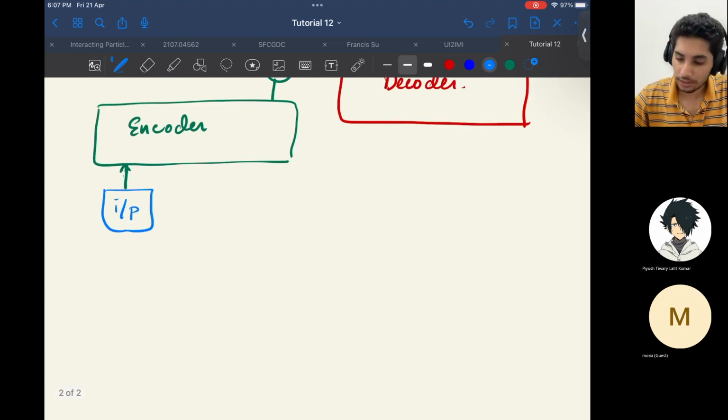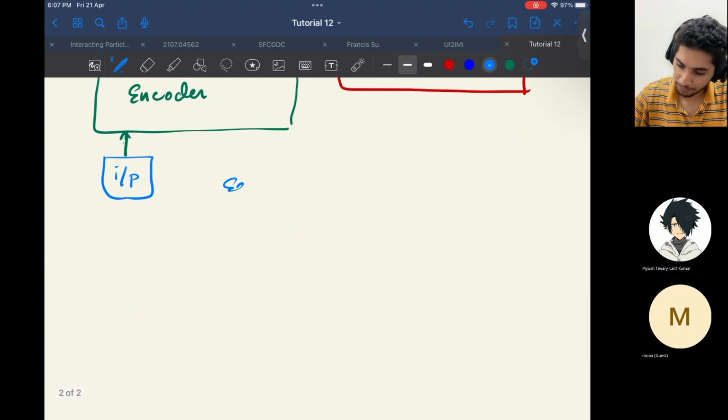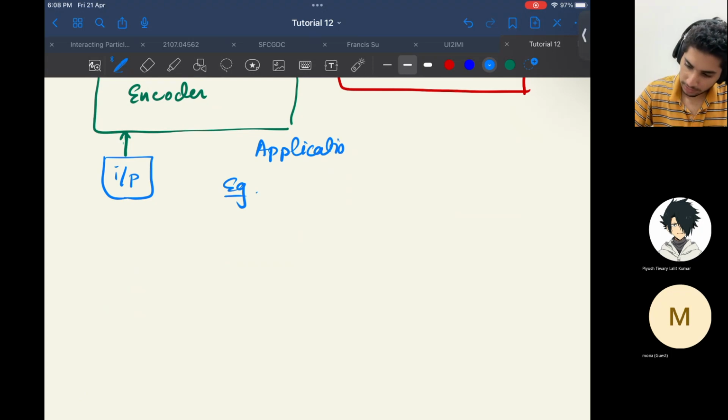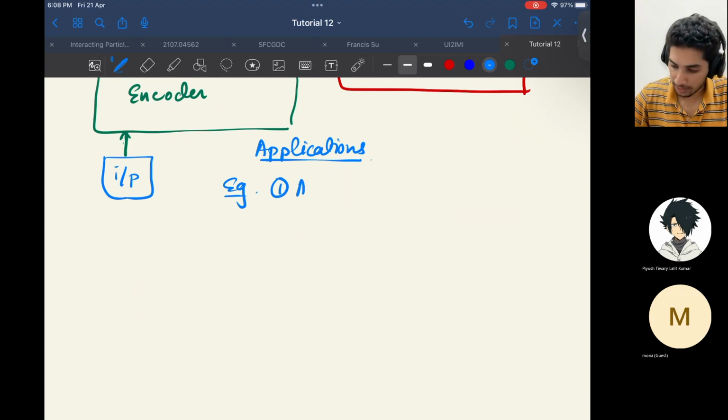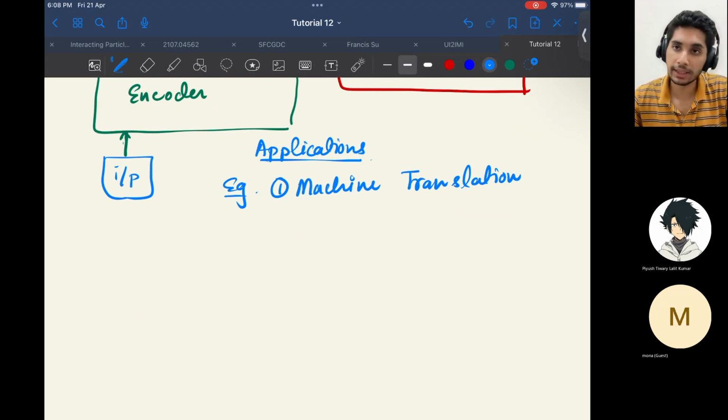So what are some examples of this encoder decoder model? There are several applications. For example, it can be machine translation, where you want to convert some English text into French, or some French text into English.